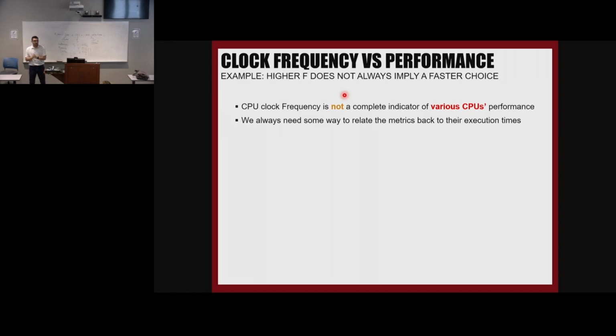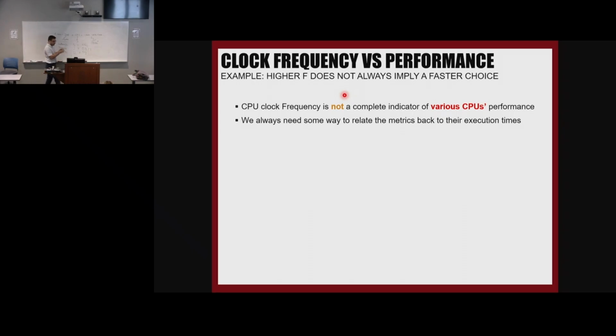We have to somehow convert everything to execution time before making a decision. If you have the execution time, you can find the relative performance. If you don't have it, don't get too excited. Just make sure that you find the execution time and then find the relative performance.